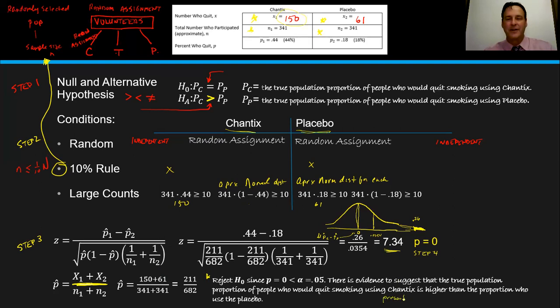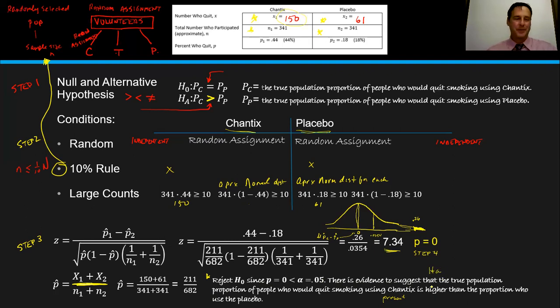I always like to either reject or not reject the null in the beginning and compare the p-value to some alpha cutoff. Our p-value is super small, so even a value of 0.01 would have been rejectionable. And further, I always say there is evidence either to suggest or not suggest, and I always write it in terms of the alternative, the Ha.